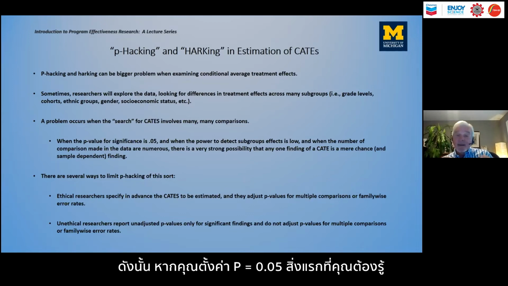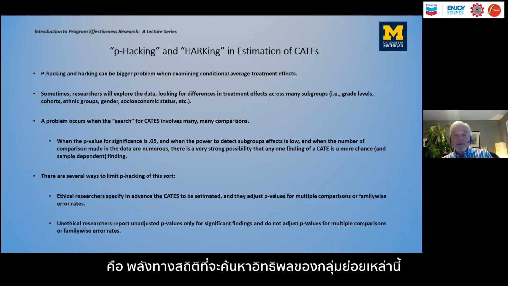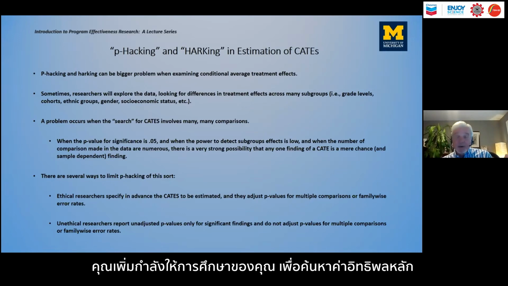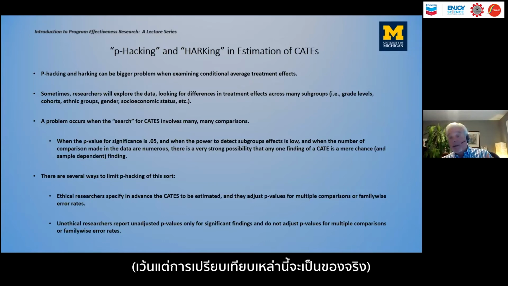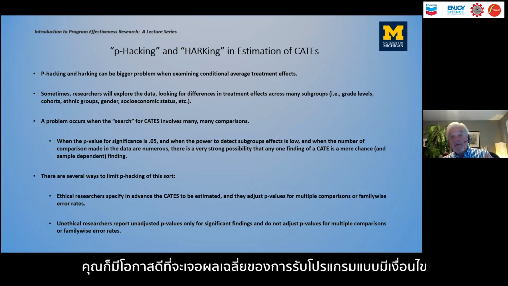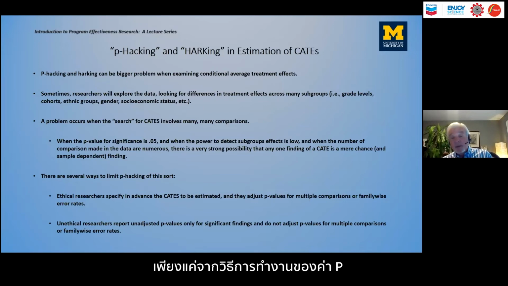So if you set that p-value at 0.05, the first thing you got to know is that the power to detect these subgroup effects is pretty low. You've powered your study to find main effects, not subgroup effects. And so now when you're making a lot of these comparisons, even if there aren't any real effects, you have a good chance of finding some conditional average treatment effects just by chance, just by the way p-values work.